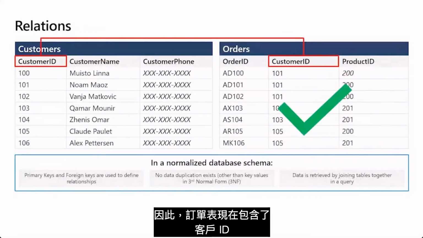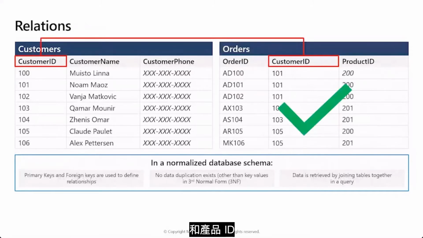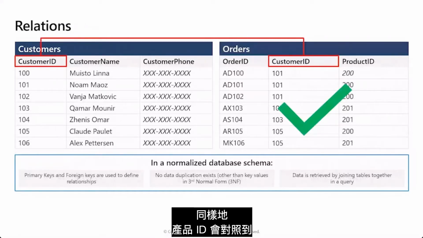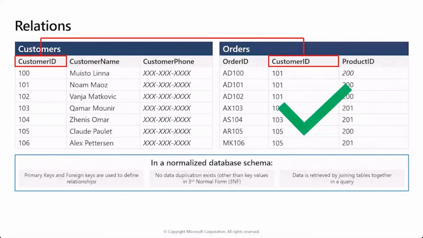So the orders table now contains both a customer ID and a product ID. The customer ID relates to the customer ID in the customer table, and similarly, the product ID will relate to the product ID in the products table.